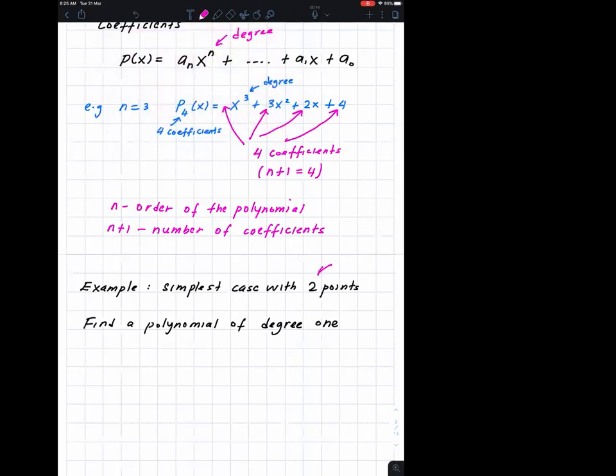The number of points given is n plus 1, but the degree of the polynomial is going to be n. So if you have n plus 1 points, the polynomial you end up with will have a degree of n, with n plus 1 coefficients.